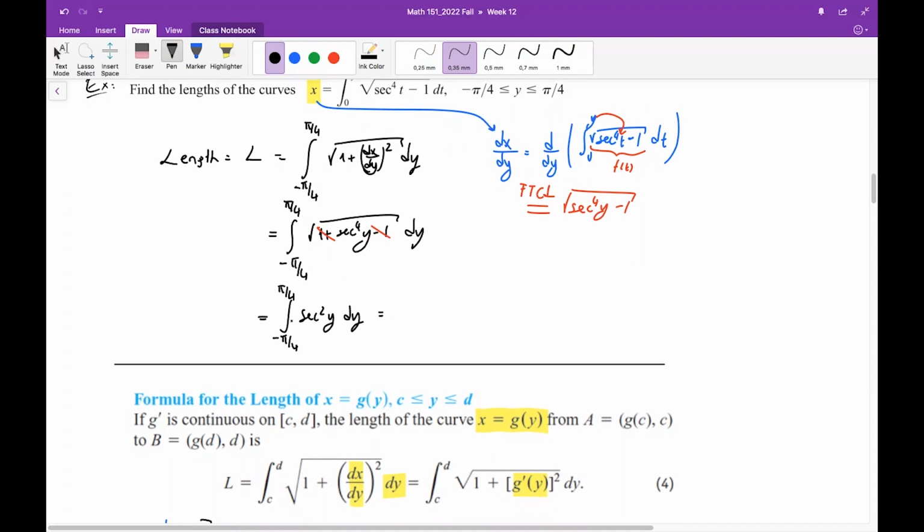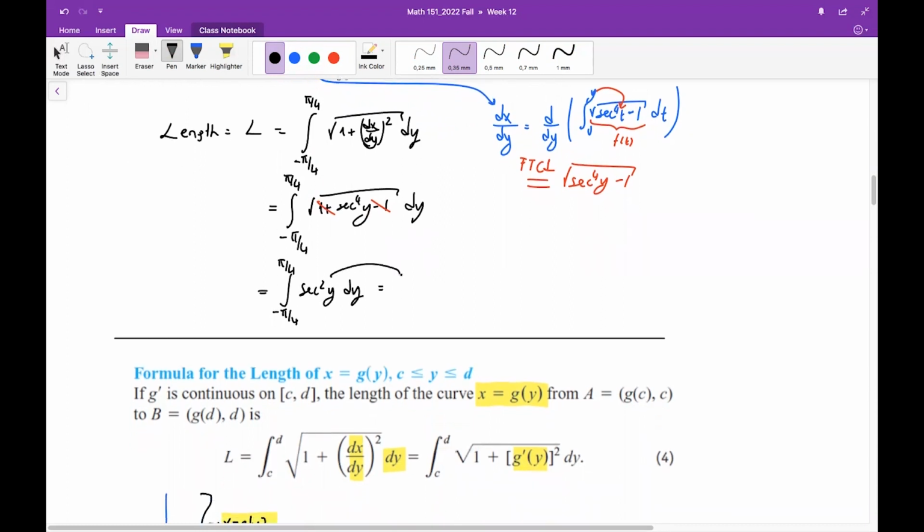And what is the integral of secant square? Now, you should consider the antiderivative function of this thing. Tell me some function whose derivative is secant square. So it is obviously tangent y from minus pi over 4 to pi over 4.